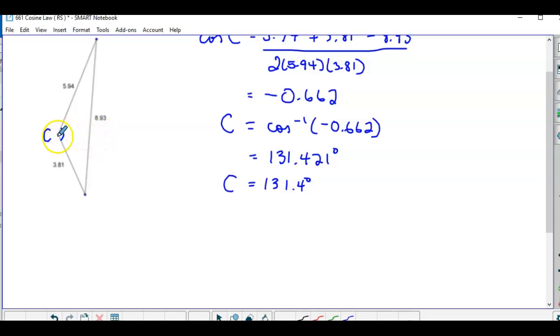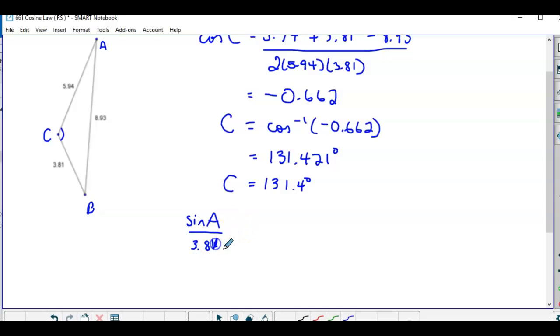So now we've got that. Now to get the other angles, we can use sine law or cosine law. Last time I used cosine law. This time I think I'll use sine law. So I'm going to call this A and this B. Okay, so if I want to find sine A, I put it over the side opposite.